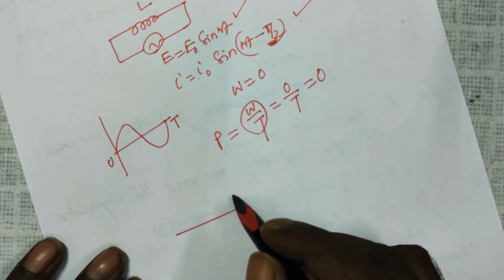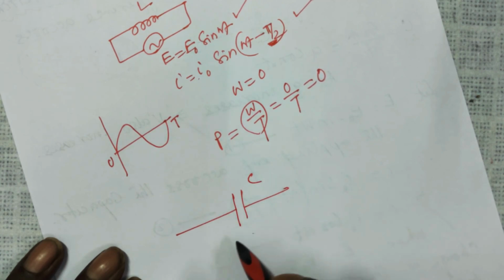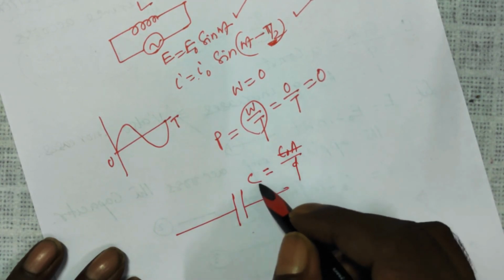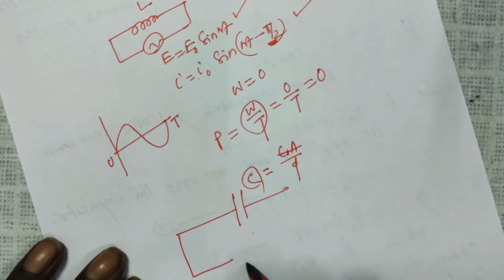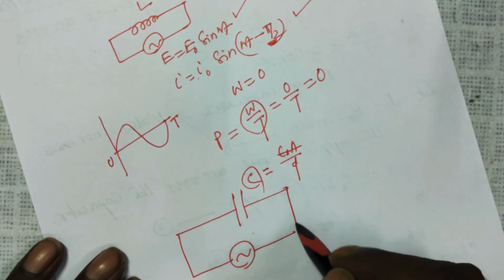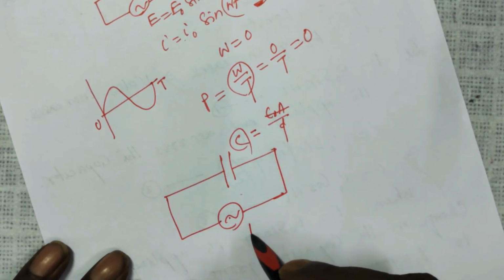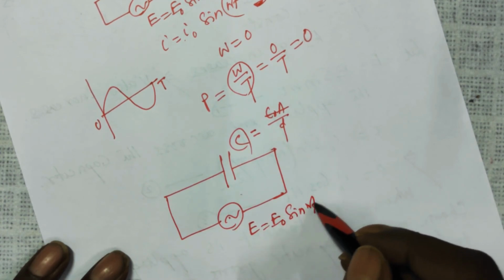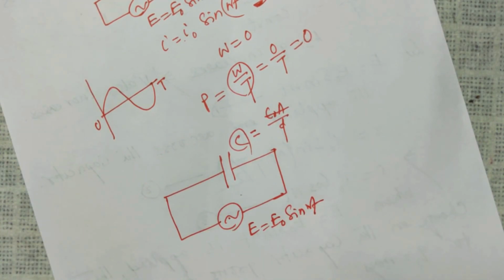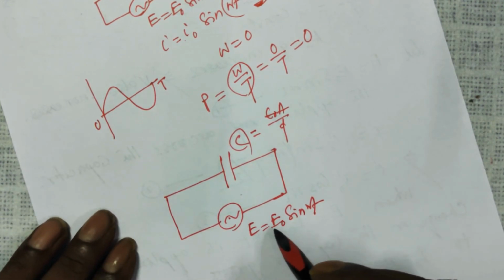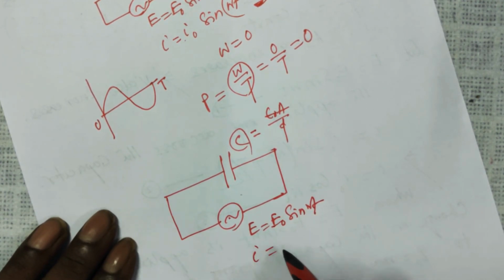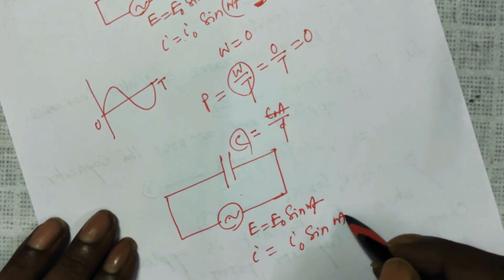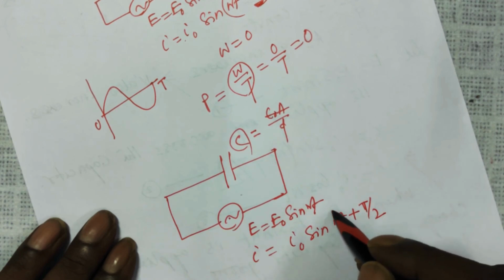look, this is a capacitor C, let's say a parallel plate capacitor, epsilon naught A by D, which is constant. When you charge it with the alternating voltage E equal to E naught sin omega t, we have derived previously that the current is I equal to I naught sin omega t plus pi by 2.